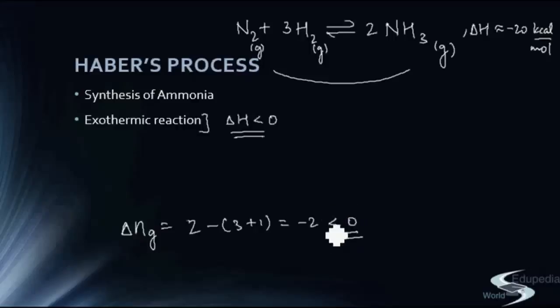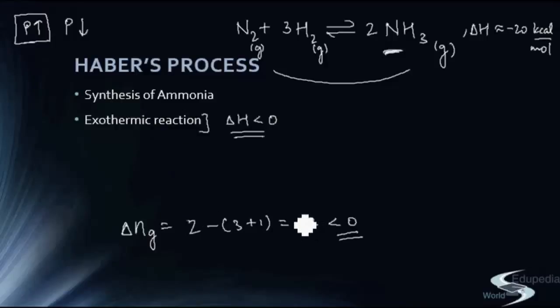For such a reaction, my goal is to form more and more ammonia, that is, more product, or to achieve the forward direction reaction more than the backward direction reaction. To do that, should I increase the pressure or decrease the pressure? It's pretty simple. Since delta Ng is less than 0, increasing the pressure will shift the reaction in the forward direction.